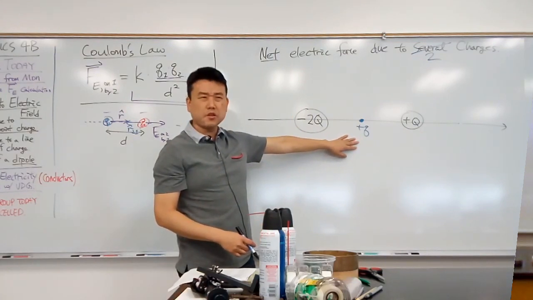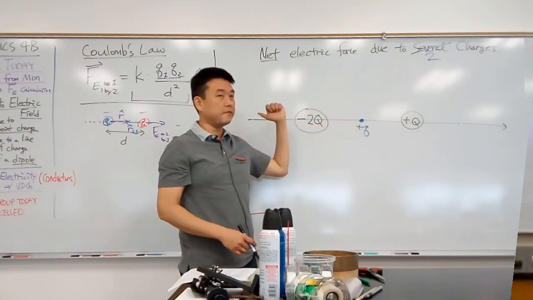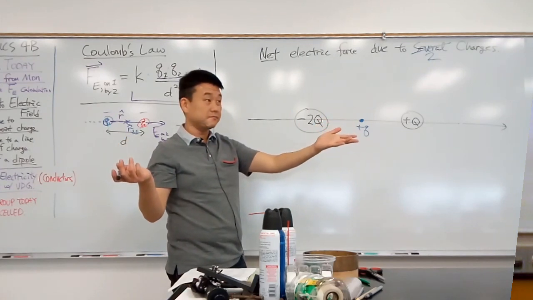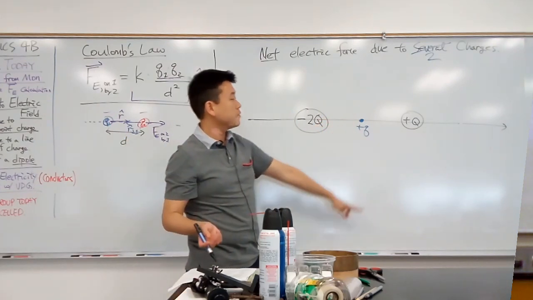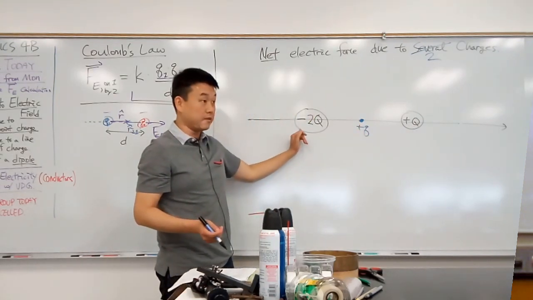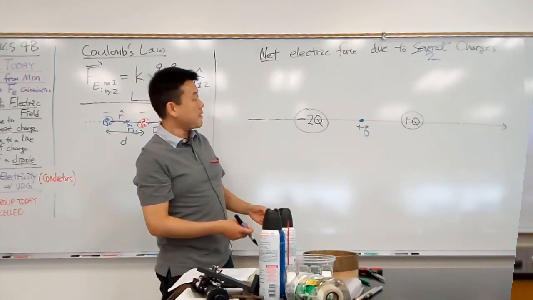What would be the direction of net force on this charge? So I'm hearing to the left. Does everybody say to the left? So how did you get left? Because it should be pushed away from positive Q and towards negative 2Q. Okay. You think it should be pushed away from positive Q and pulled towards negative, and they happen to be in the same direction. So, all right.